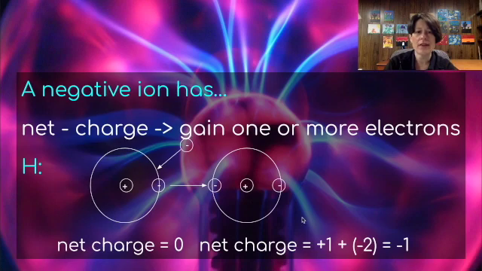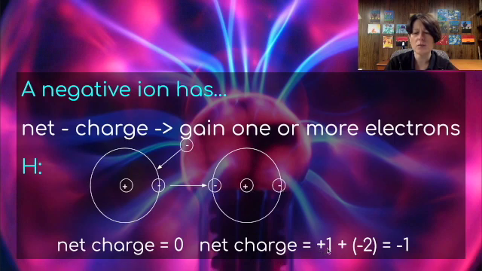You can also have a negative ion, where the net charge on the ion is negative. And this is from the gain of one or more electrons. So hydrogen can also gain an electron. Here's our neutral atom, our net charge is 0. If it gains an electron, it now has a -2 charge and a +1 charge.